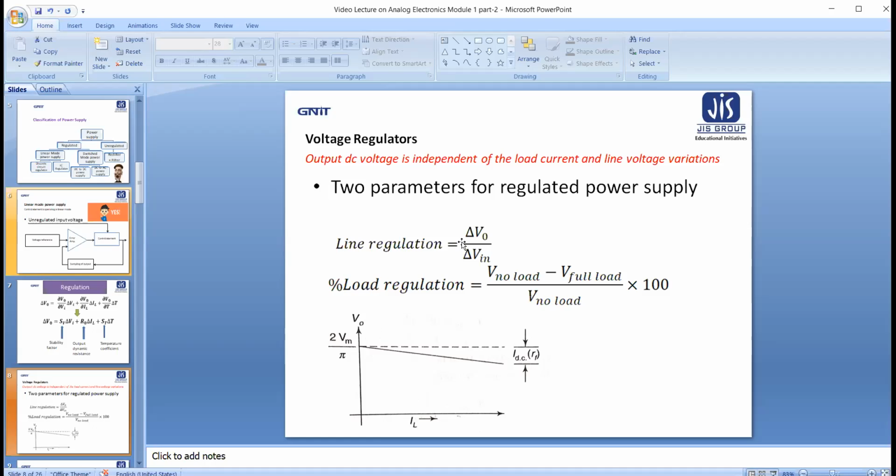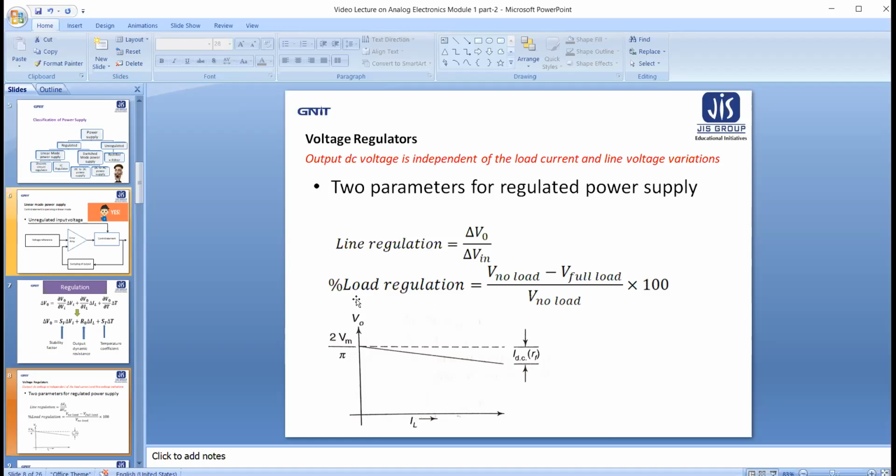When the output terminal is open, the output voltage will be maximum. But when we connect any load, it will obviously draw some current, and therefore the output voltage will drop from the no load voltage. That difference will be a measuring parameter for the load regulation.